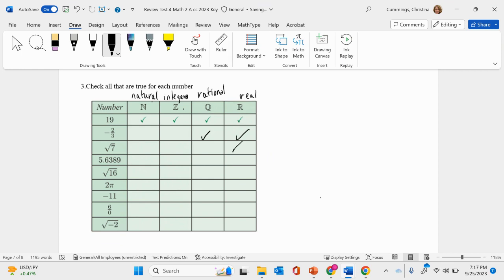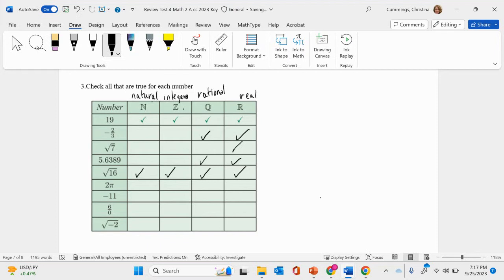Okay, this next number is not a natural number because it's not a counting number, not an integer because it's not a whole number. It is a rational number because it's got a decimal that ends and it's real. Okay. Square root of 16 is actually the number 4. 4 is a counting number, so it's natural. It's natural, it's also an integer, it's also rational, and it's also real. 2 pi.